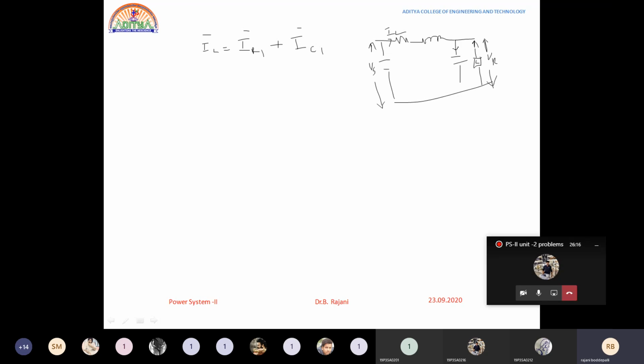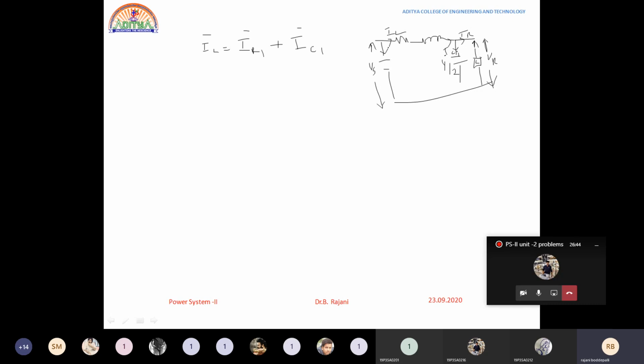This is the IC1 current made to flow, this is Y by 2. This is IC1, and this is the IR current, the load current. This is IL, the same current going into this line. IL is equal to IR plus IC1. That's what I have written here.